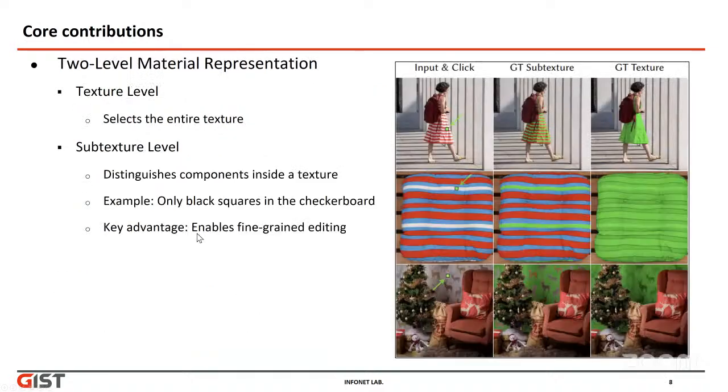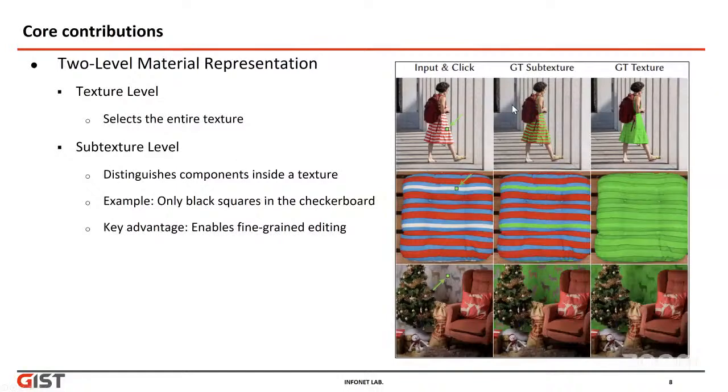So what is the subtexture level? This paper suggests a two-level material representation. The texture level means the entire thing, like this skirt or the pillow here. If you select this exact dot, then the program will select all these things.